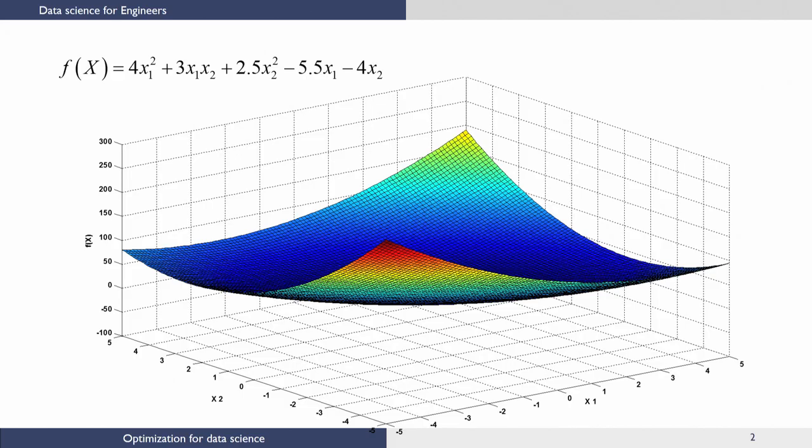You have the two dimensions x1 and x2 on the plane below here, and you have the z axis, which is f of x, the objective function value. So, we are trying to look at how an algorithm would minimize this function in a numerical fashion.